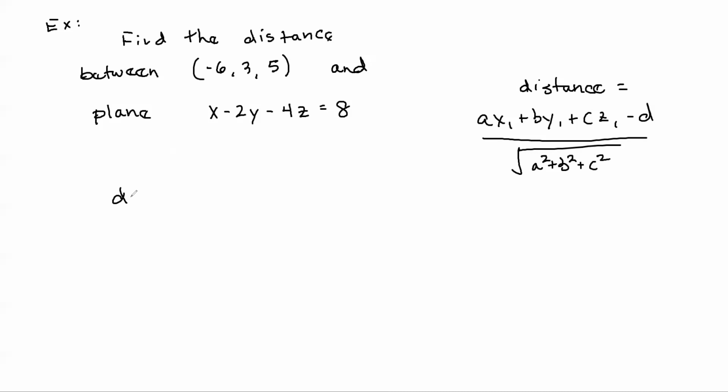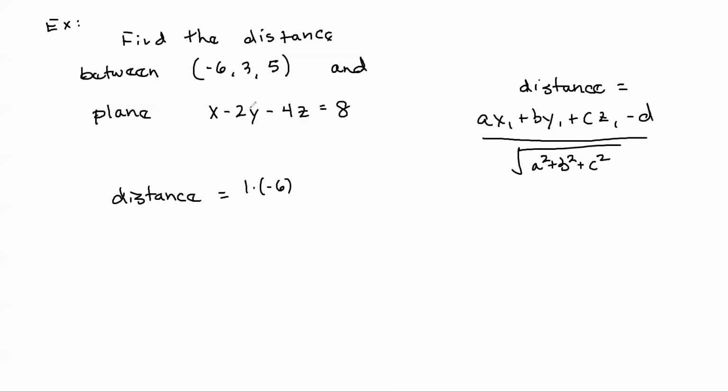All right, so the distance is going to equal, so we've got a. What's a? a, b, and c come from the normal vector to the plane, which the components are here in front of x, y, and z. So a is 1. So we're going to get 1 times -6. And then plus b.